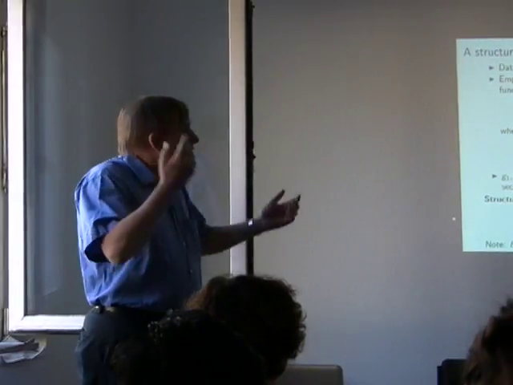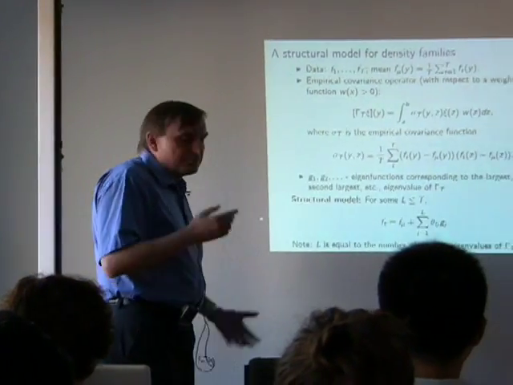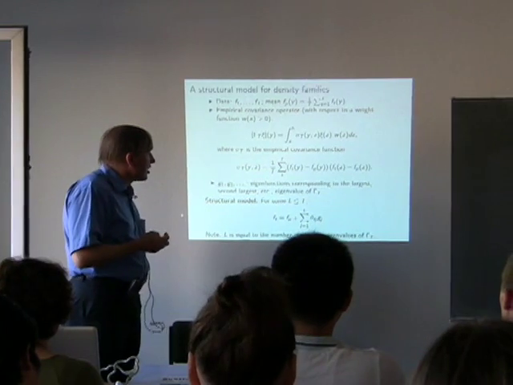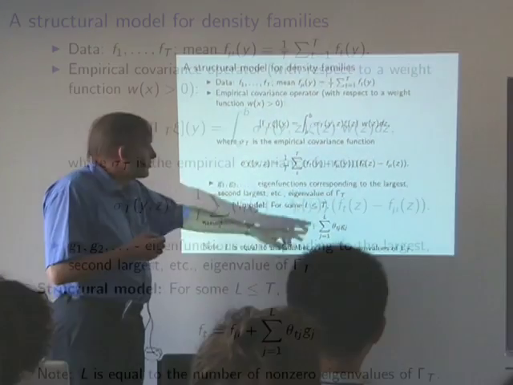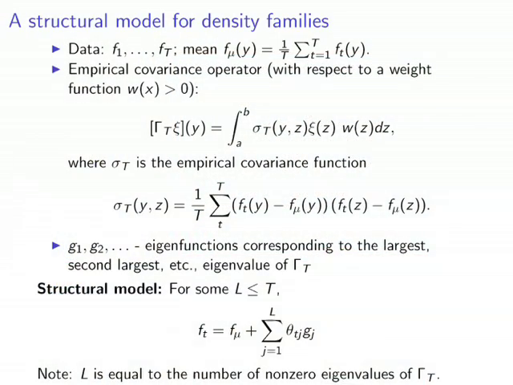And with a finite mixture, at least, you can rewrite it in this context: you would try to expand f_t as the mean over all time plus a sum of components theta_tj g_j. The g's would be principal components, which add something over time. The advantage of this type of decomposition is that the g's would be basic functional structures, and the theta_t would say how it varies over time.